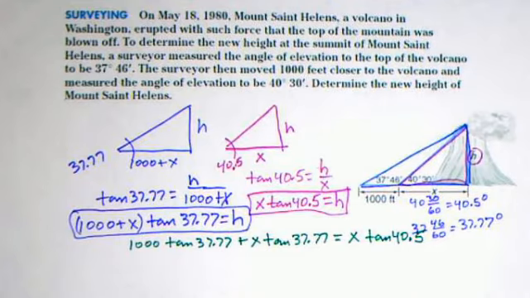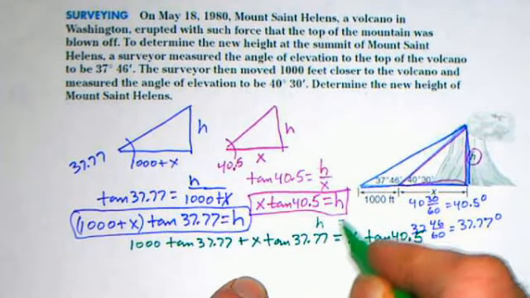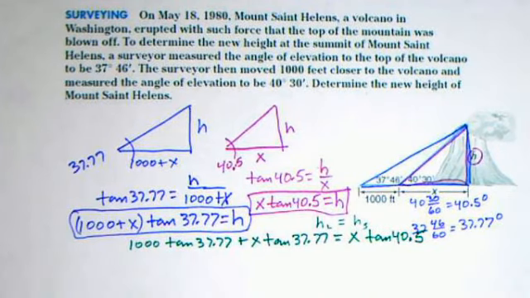So all I did there was use the idea that h in the larger triangle is the same as h in the smaller triangle. Okay, now we have to group like terms together.